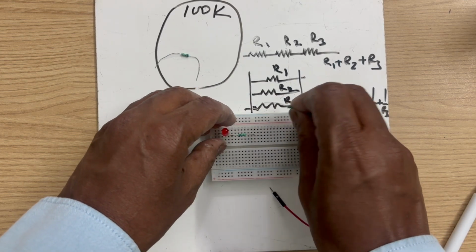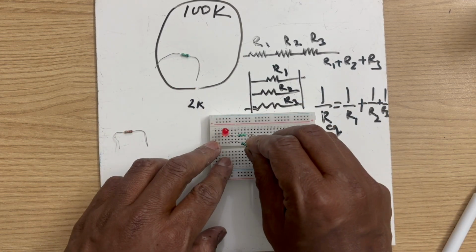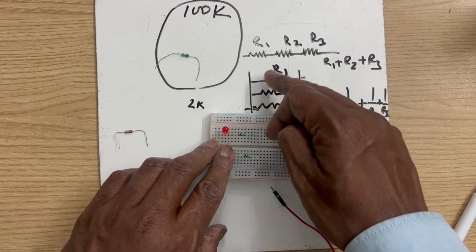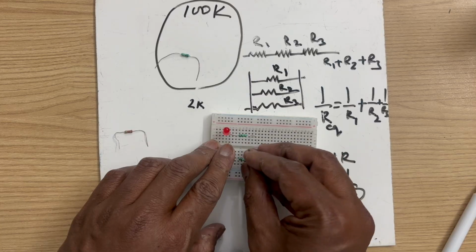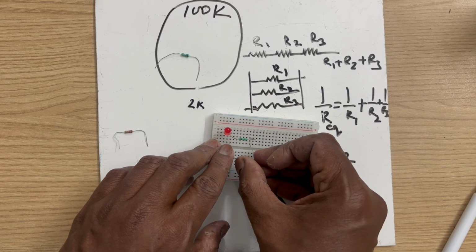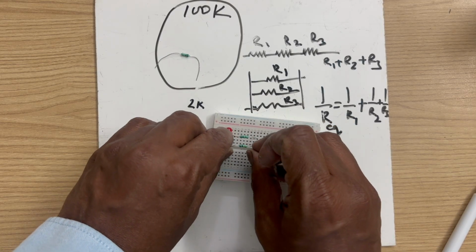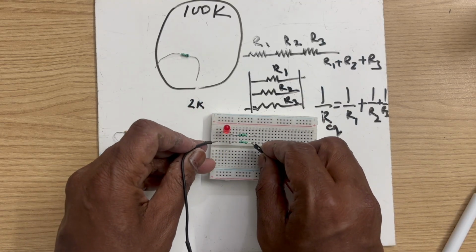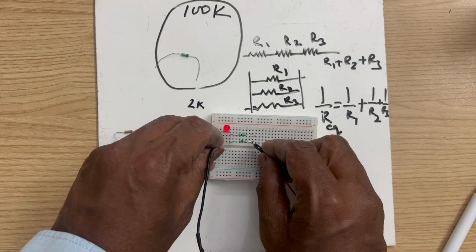Now let's put this in parallel, because in parallel the resistance gets half as per this formula. Let's put it here, and just touch this and put it here.